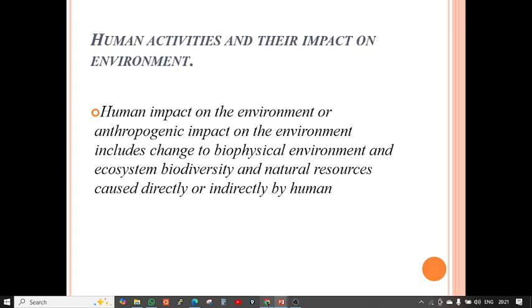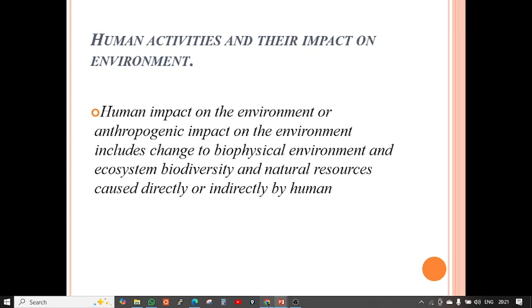Then human activities and what their impact is on the environment. So what are the human activities they can do? Human impact on the environment is called the anthropogenic effect, because all these troubles and problems are artificially created, called anthropogenic activities or anthropogenic impact. This impacts the environment, which includes changes in the biophysical environment and ecosystem diversity.